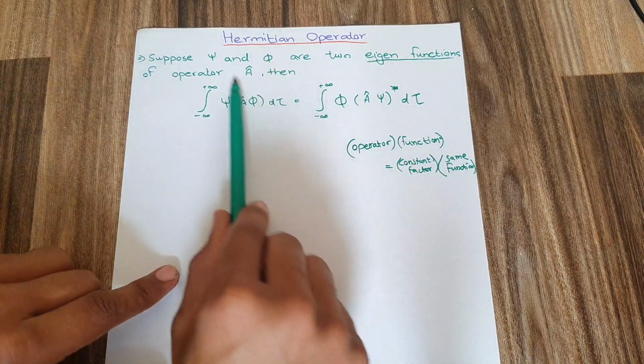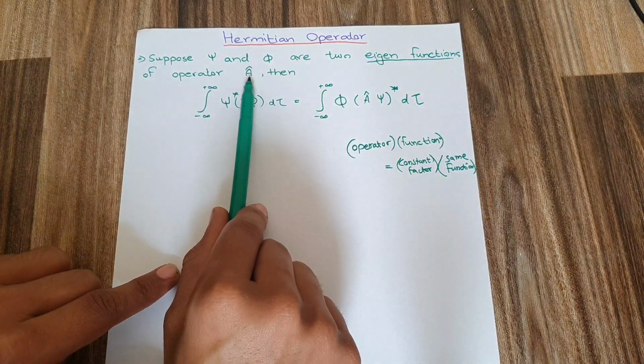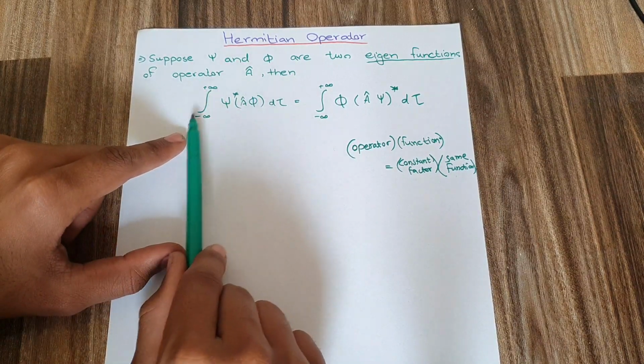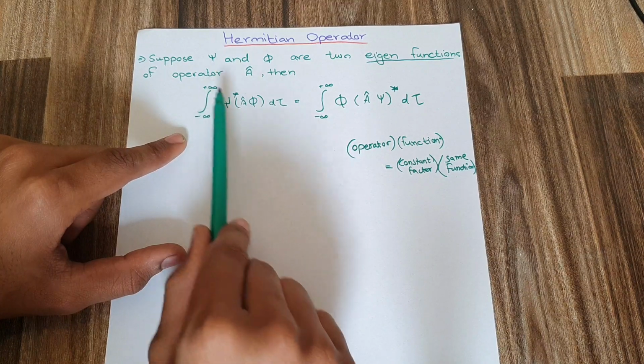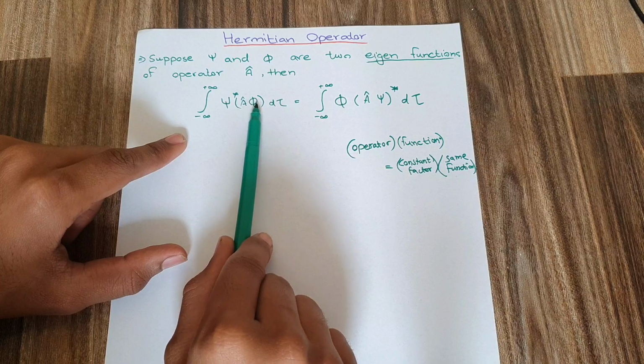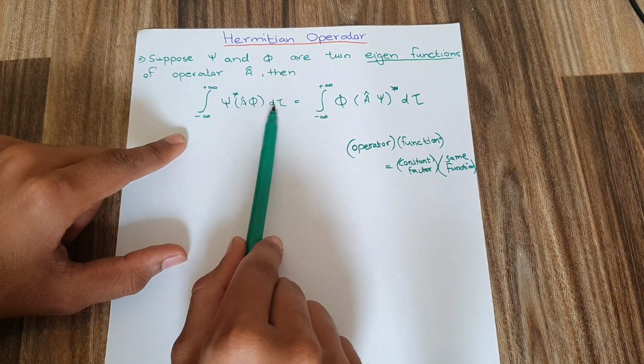So how can this operator A be a Hermitian operator? Operator A can be a Hermitian operator if I take the integration from negative infinity to positive infinity of psi star, operator A applied on phi, d tau, the volume element.